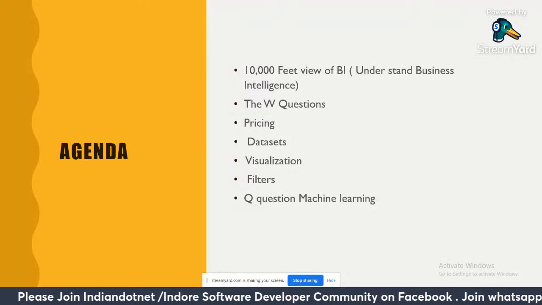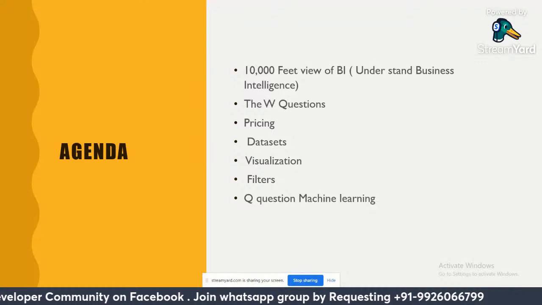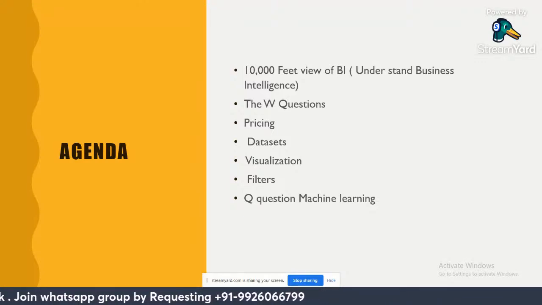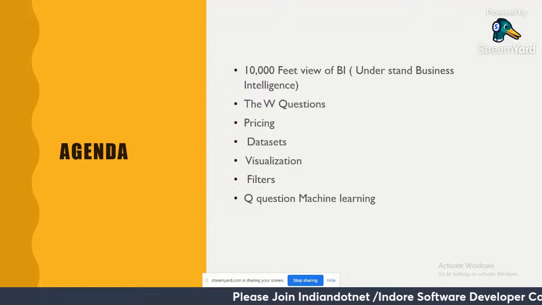Then Q questions. Nowadays machine learning is the most popular keyword, so in QuickSight you will also find some machine learning features, which is Q, in which you can ask QuickSight about your data in natural language.